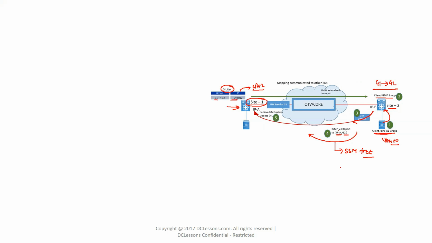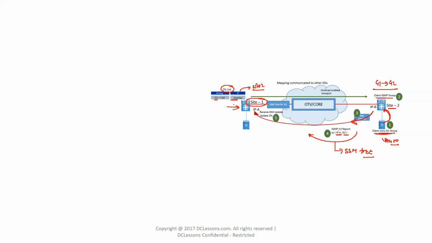Okay. So let's repeat it. At the first step, I have a client. I want to receive the multicast stream for group G1. I will send a join message, right? Once the edge device at site 2 receives the join message, it will snoop it, and side by side it will send a GM update to site 1 saying that I have an interested candidate to receive the multicast stream for group G1.